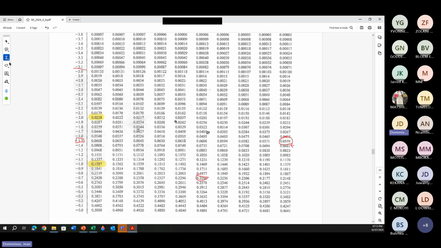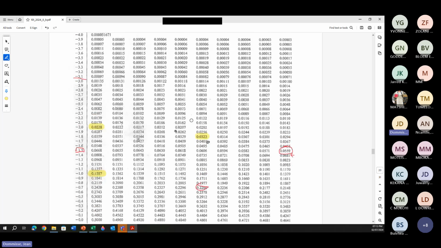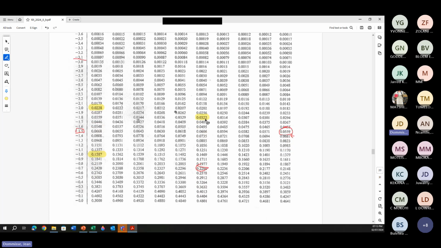Let me just highlight it. Okay, is it that one? 0.0322. Sorry, 0.85, not 185.